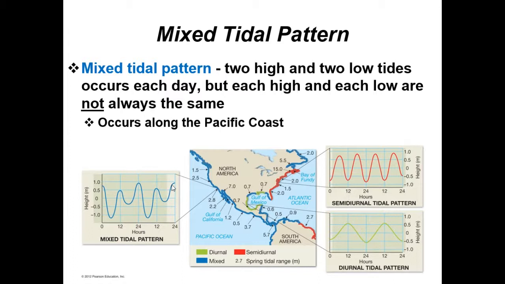The tides aren't going to come up to the same elevation. Basically, they vary, and that's why you're seeing this really odd setup here. So it's 2 high tides, 2 low tides per day, but they vary in height, which makes it a little more challenging.